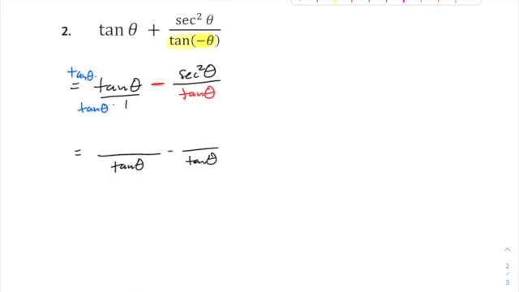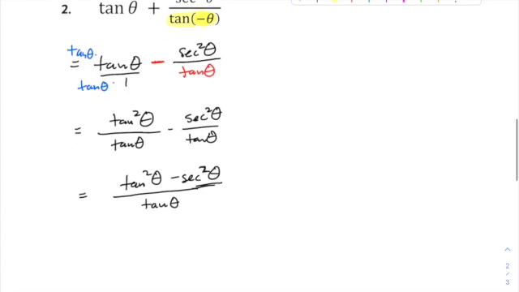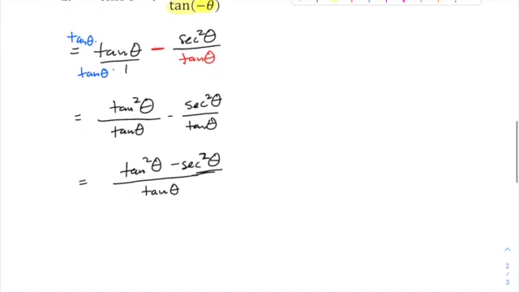That now they'll both have that denominator of tangent, but this numerator on the left becomes tangent squared of theta. And when you put those together over that common denominator of tangent, tangent squared minus secant squared. Okay, well, those are not really like terms that can be combined in a traditional way, but they are squared, and they do both belong to the same Pythagorean identity.